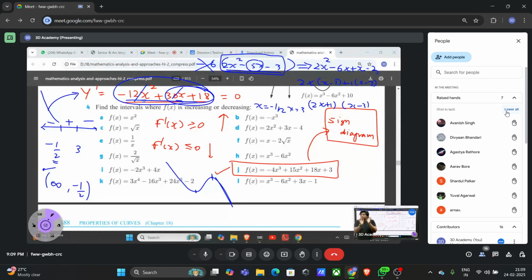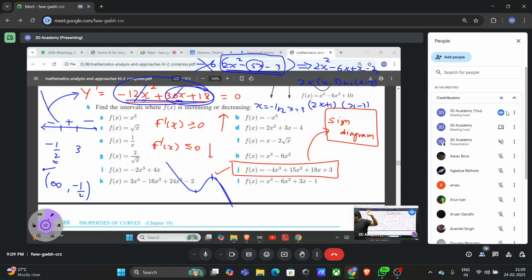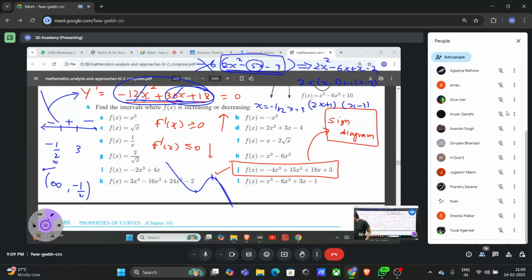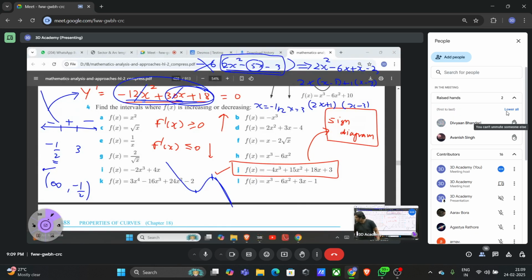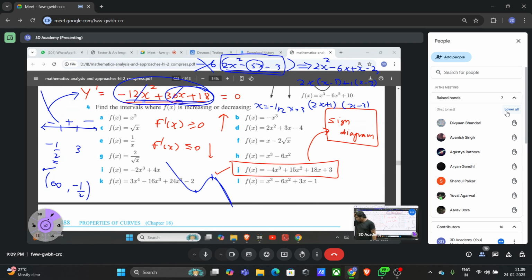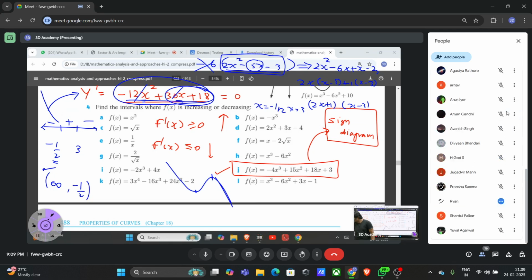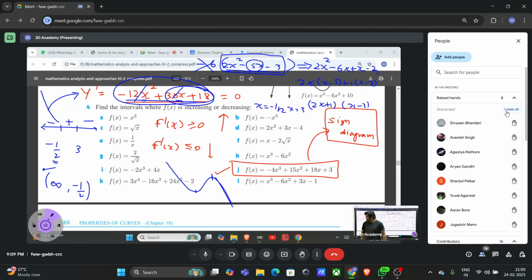This is how the first differentiation of a curve helps us understand whether it is increasing or decreasing. How many of you understood it again? Please raise your hands. Let me see how many of you have understood. Ryan, are you getting this or not? Yes, sir.